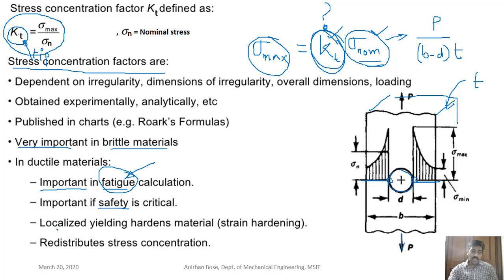I have already mentioned why, in the case of static loading of ductile materials, stress concentration factors are not considered: the localized yielding hardens the material and redistributes the stress concentration, and that is why in most cases we neglect its effect in ductile materials. Remember, for static loading only.